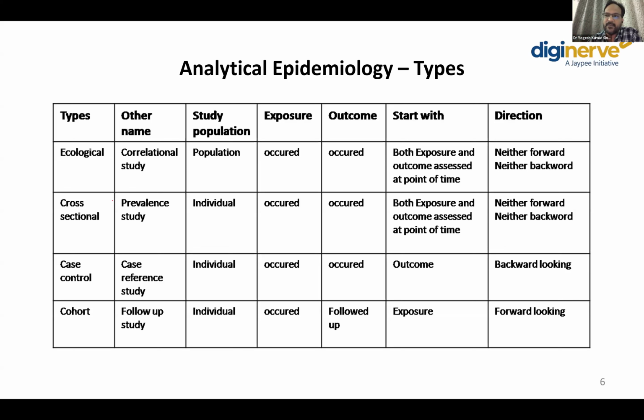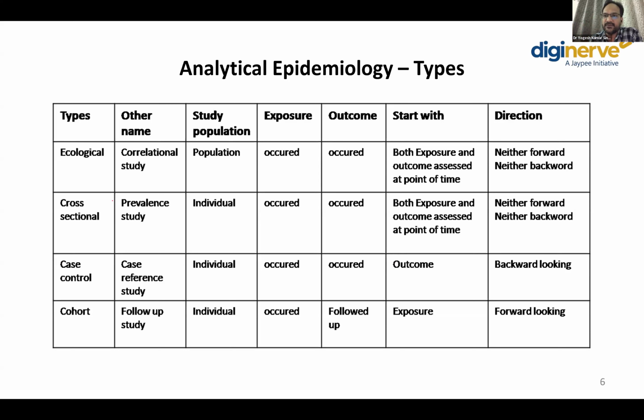But the cohort study is a forward-looking study, also known as a follow-up study, because we will take the follow-up. What is the meaning of cohort? Cohort means a group. So we make a group of people who are exposed to something. Suppose my age is 40 and I am exposed to sugar eating.